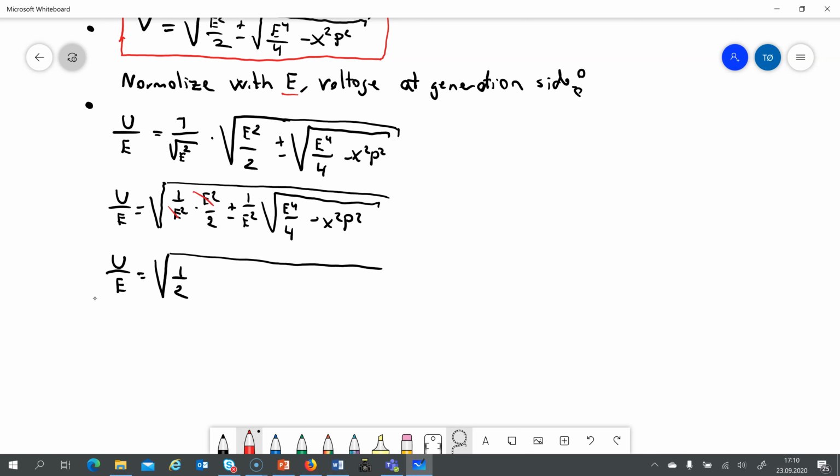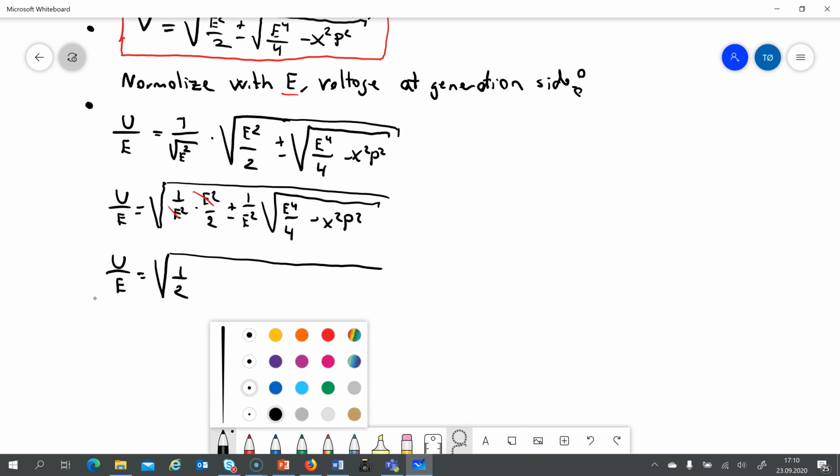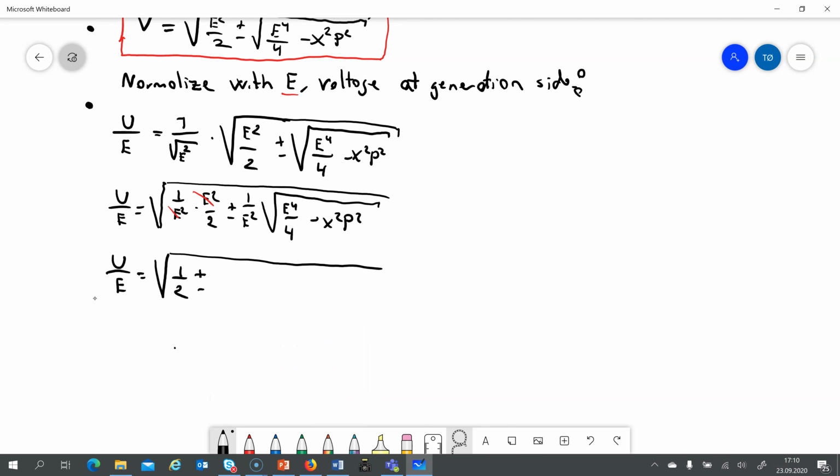Half now goes here, plus minus. Then we continue.